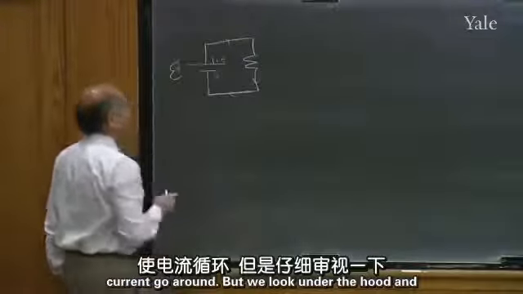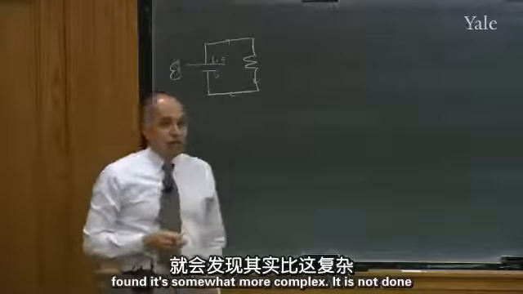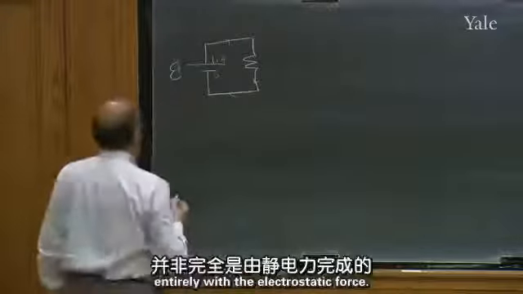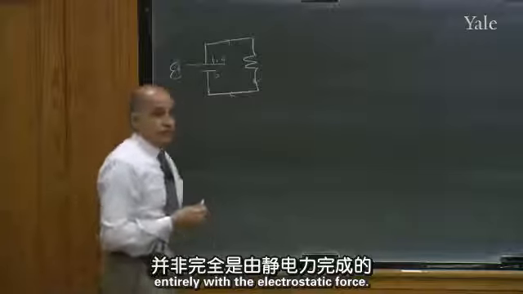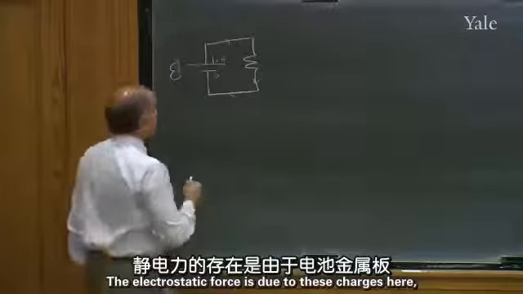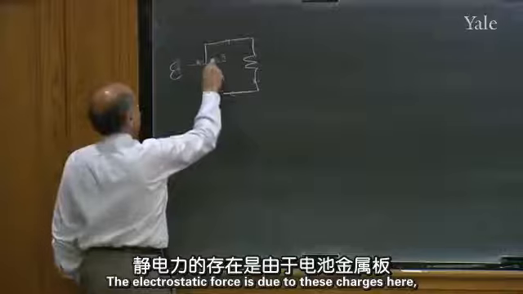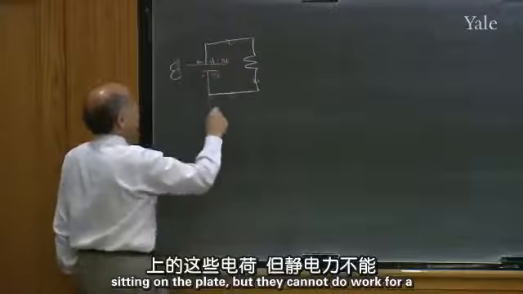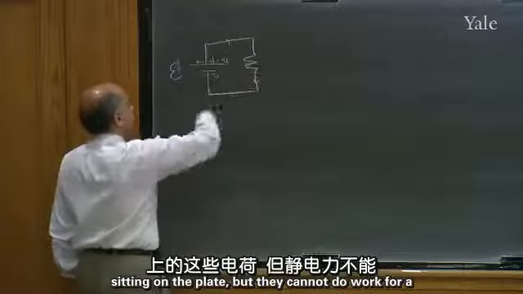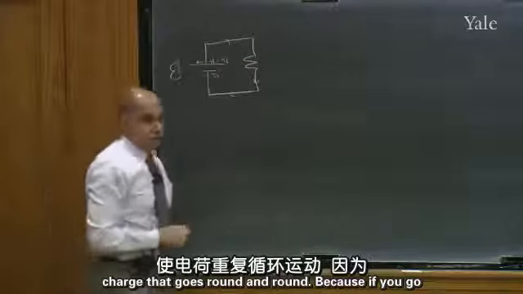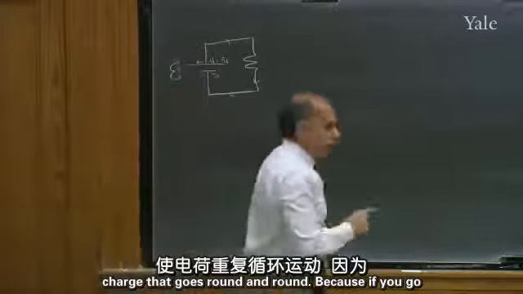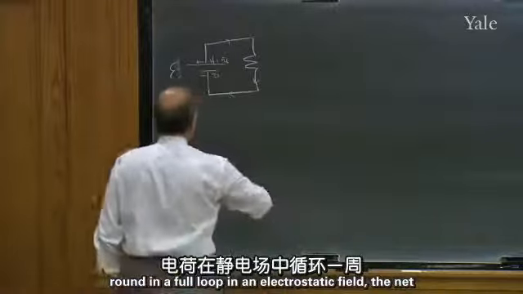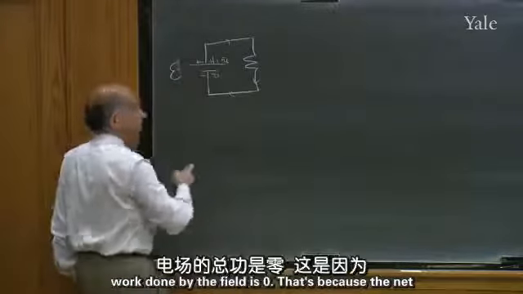But we looked under the hood and found it somewhat more complex. It is not done entirely with the electrostatic force. The electrostatic force is due to these charges here sitting on the plate, but they cannot do work for a charge that goes round and round. Because if you go around in a full loop in an electrostatic field, the net work done by the field is 0.